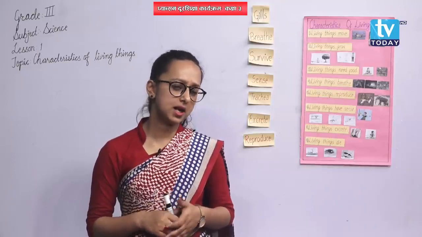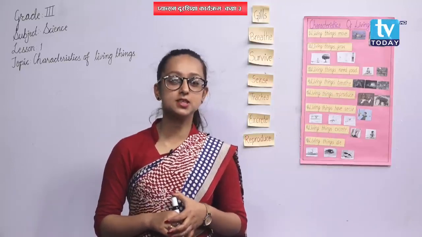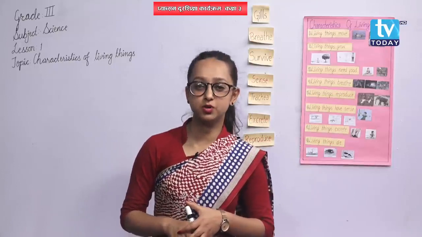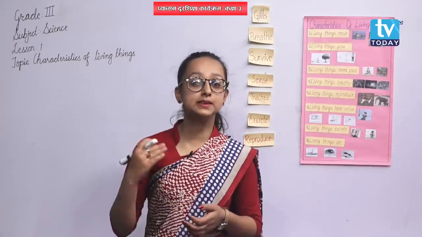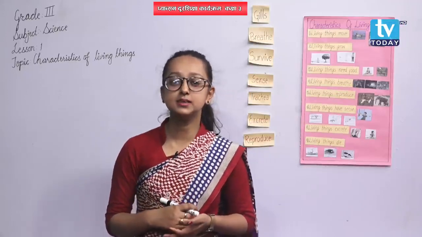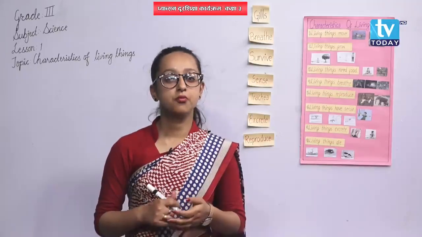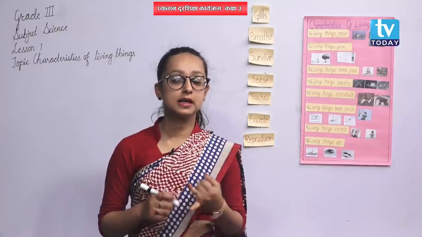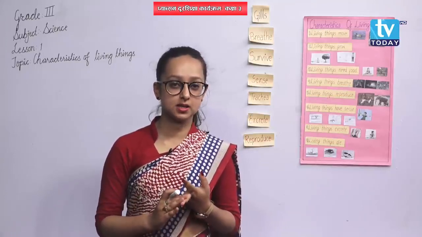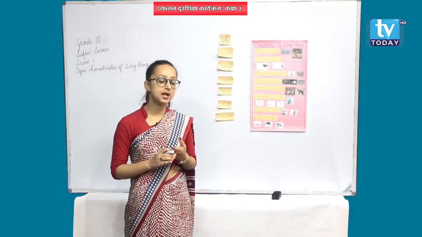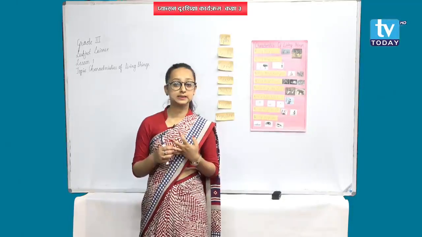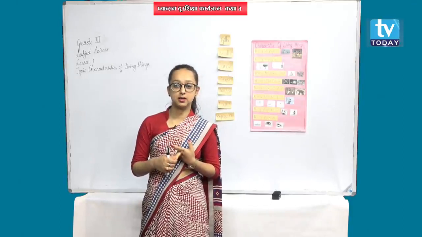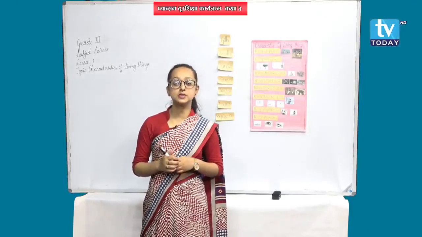Then what about the plants? Then how do plants reproduce? Plants also reproduce with the help of seeds, and some of the plants reproduce with the help of root, stem or leaves as well, and obviously through seeds also.